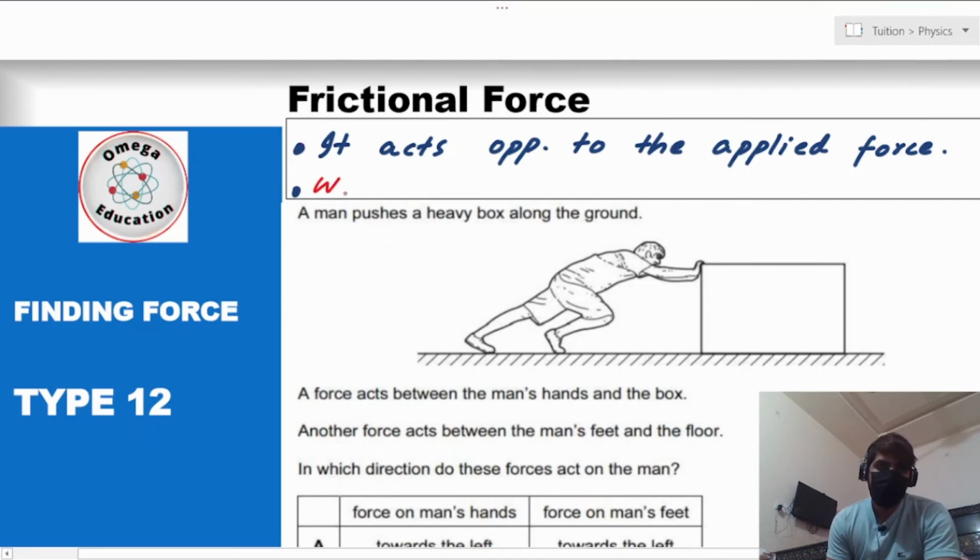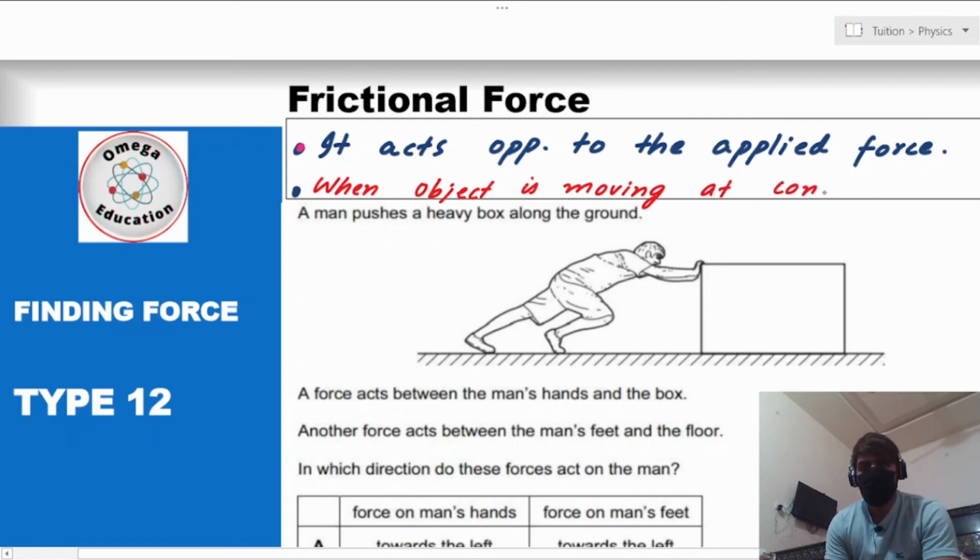When an object is moving at constant speed in a straight line, so I better be writing at a constant velocity, when an object is moving at a constant velocity, then the frictional force equals the applied force, and that means the two forces are equal and opposite, so the resultant force would be 0.